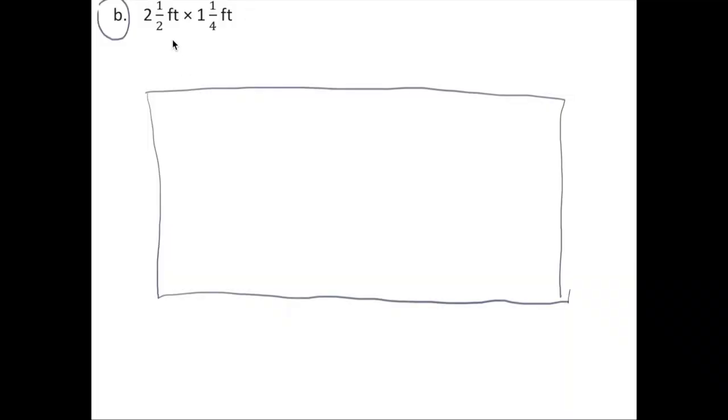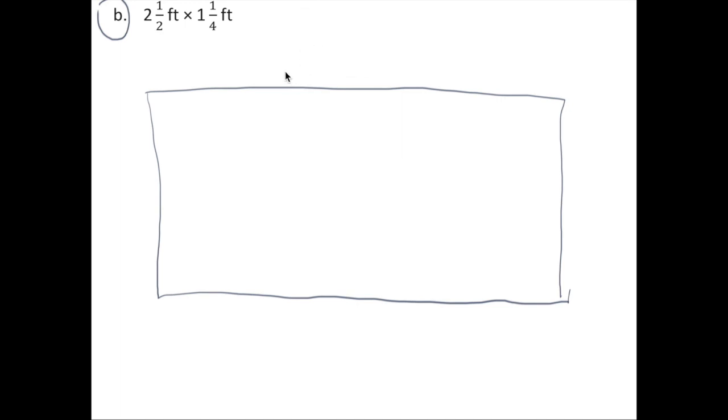Okay, kiddos, we are going to start leaning into this traditional algorithm that we are going to use when we're multiplying mixed numbers together. So moving forward, we're going to convert these mixed numbers into improper fractions and then just do multiplication. I want to show you guys, though, why that works.